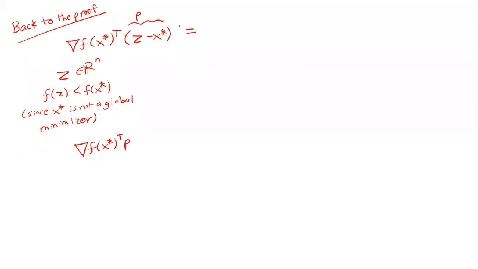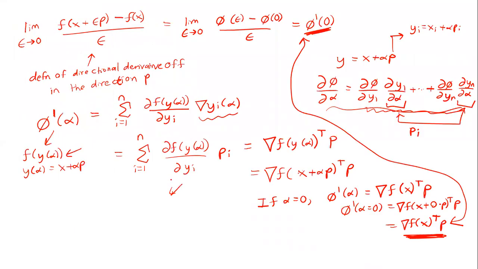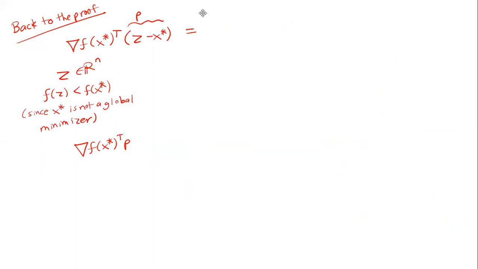And so we can say, oh, okay, this is also equal to the change in f at some x plus some distance times my p when the lambda is 0. So this is going to be equal to my directional derivative here.